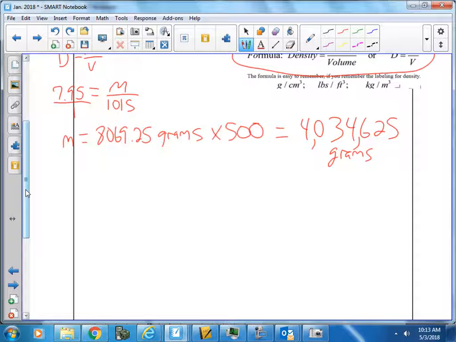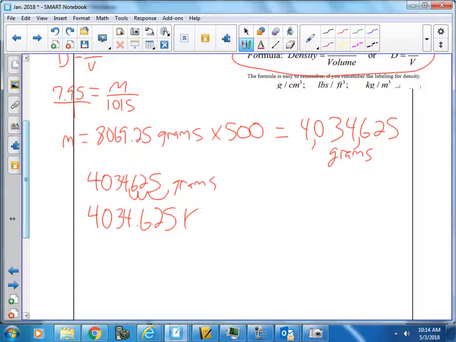So if we have this number, 4,034,625 grams, and I move the decimal 3 places, we have 4,034.625 kilograms.